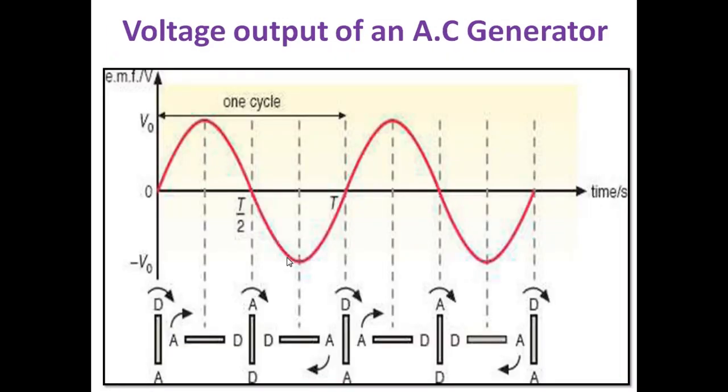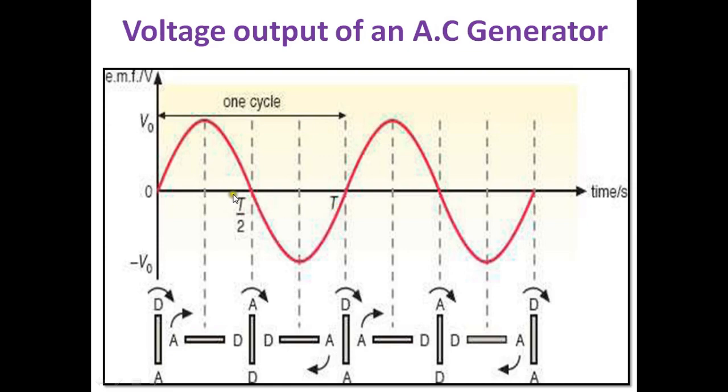This is the graph which is showing you the crests and troughs. We can see that from here till here is one cycle of this current flow. Now let's talk about EMF. This graph is for the EMF versus time in seconds.